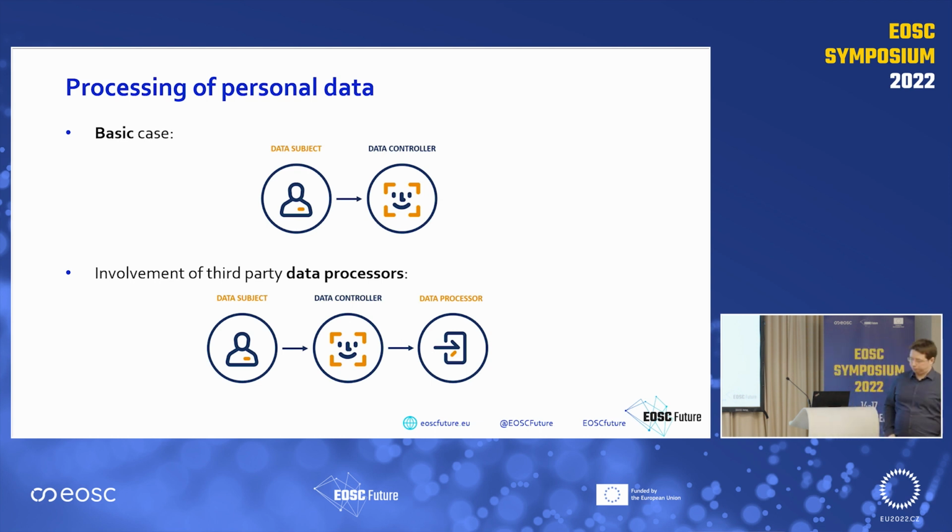That means that there is not only the data controller, but also subcontracted data processors that also process data on the data subject on behalf of the controller. Okay? That might be a third-party service provider, most of the time a service provider, for example, in a company where you have a lot of employees. Every employee is a data subject.